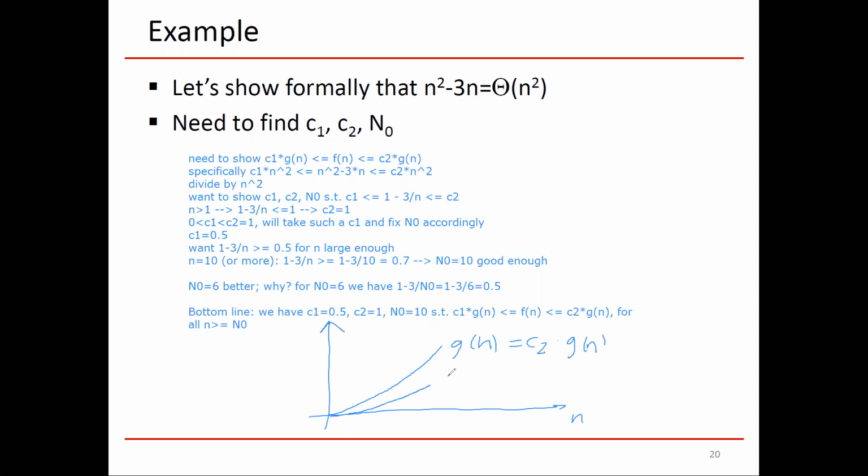And recall that C1 times G of N, C1 is half, and because of that we have half the function. And starting from the location 6, the new function is, let's do that in red for emphasis, in the range.